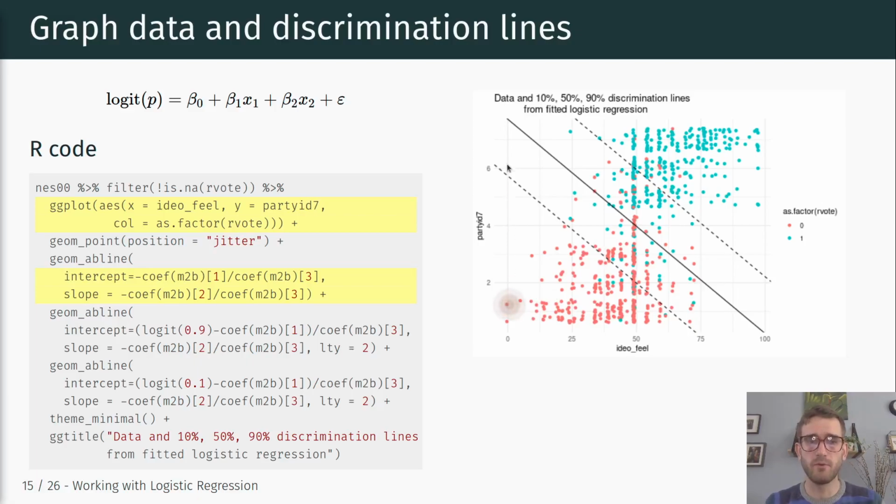As you go further up on the y-axis, we see higher proportions of Republican votes, and as we go to the right on the x-axis, we also see higher proportions of Republican votes.